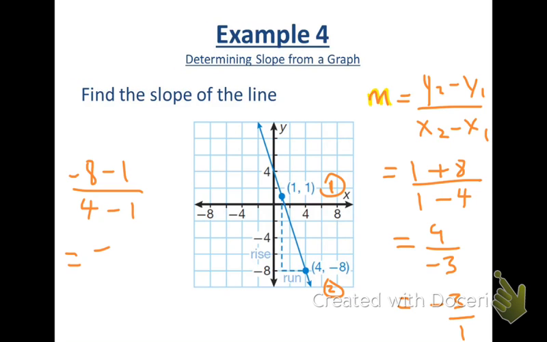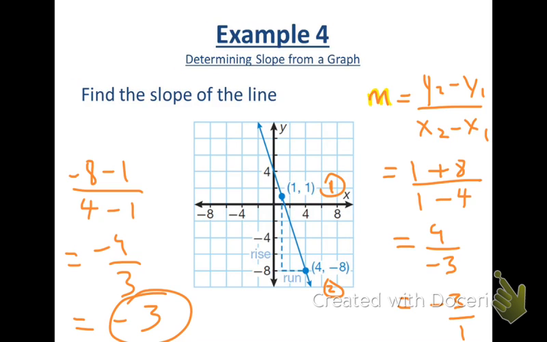That's negative 9 over 3, which is still negative 3. Okay, the slope of the line stays the same regardless of which one is considered point 1 or point 2. Now you can always count rise and run, right? You can always count rise and run, and that's okay.